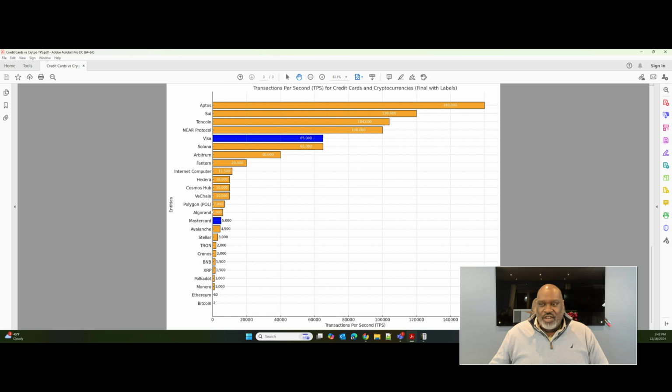Now, fast forward and you go, wow. So Visa's doing that within seconds. Aptos is going to be faster. Sui is going to be faster with 120,000 transactions per second. Near Protocol is going to be faster at 100,000 transactions per second. Solana can do max 65,000 transactions per second.